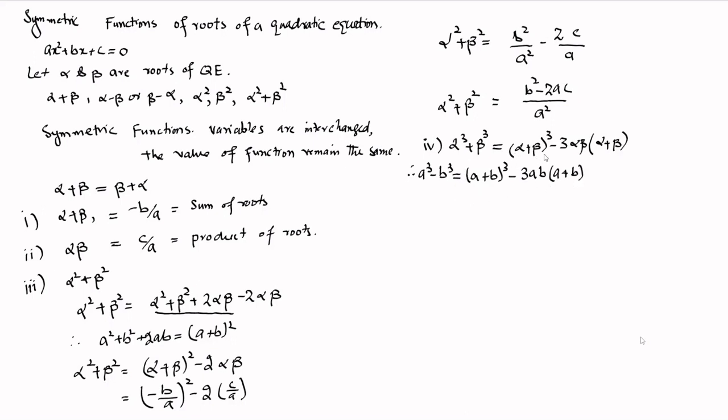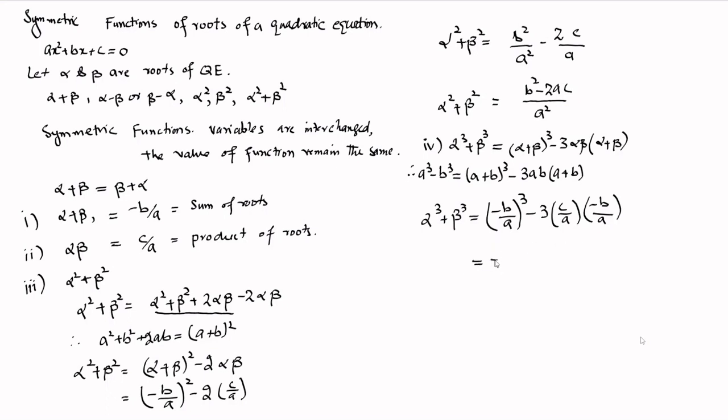So now alpha plus beta whole cube minus 3 alpha beta into alpha plus beta, where alpha plus beta is equal to minus b by a and alpha beta is equal to c by a.